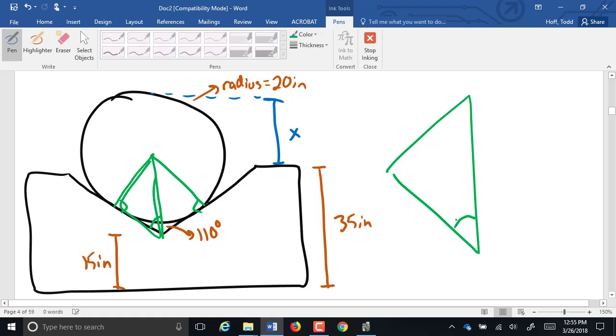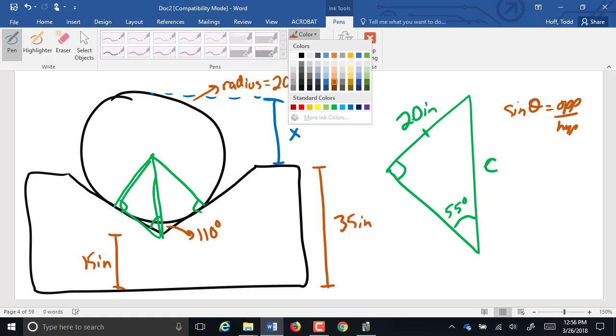What's this angle here going to be? 55. What side do we know here? The opposite here, the radius, which is 20. We are looking for the hypotenuse. Let's call that C. So this is going to be a sine again, because we're dealing with opposite and hypotenuse.